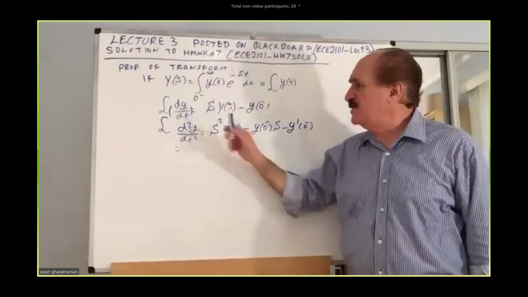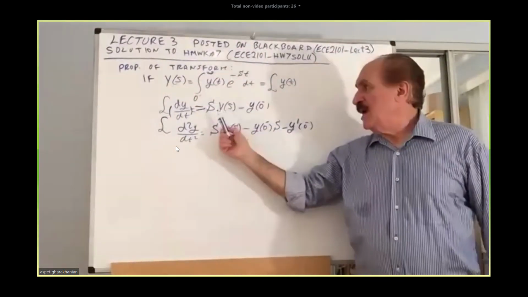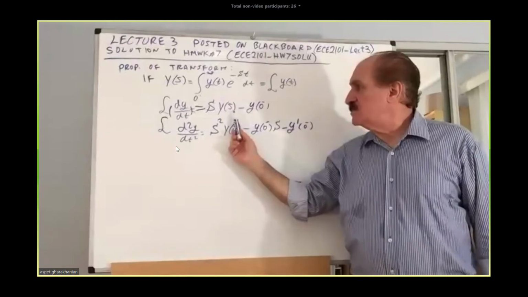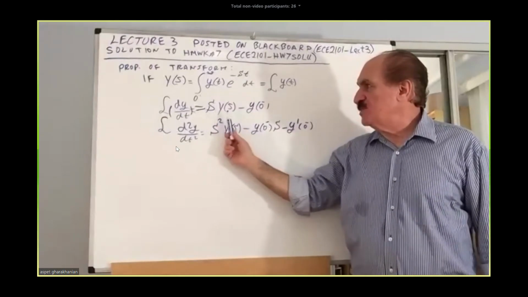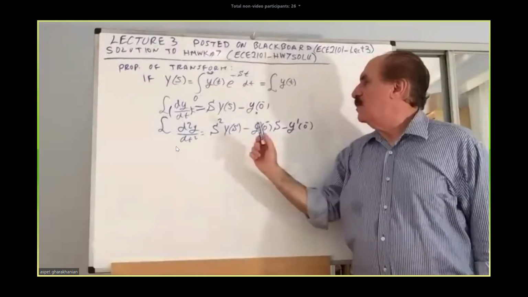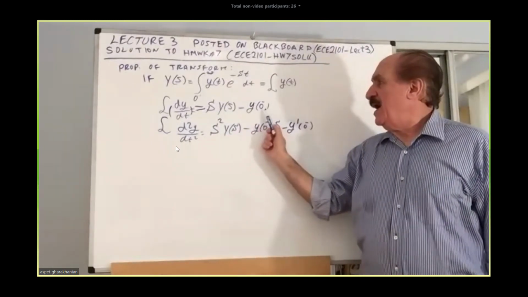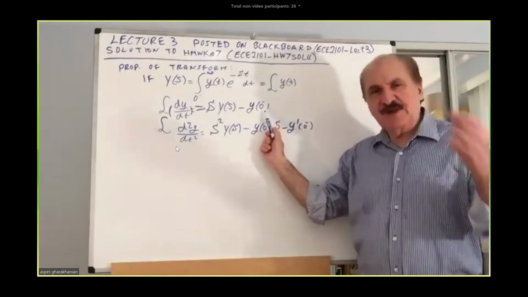If you did that, it will be equal to s times y of s. So it will be s multiplied by the Laplace of the y minus y, initial value of y in the time domain.